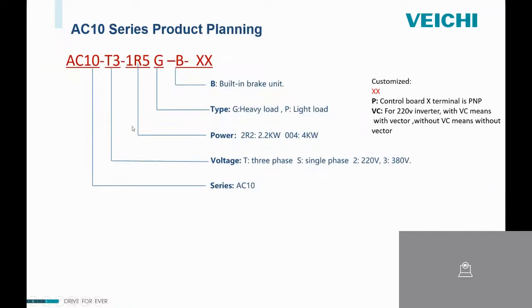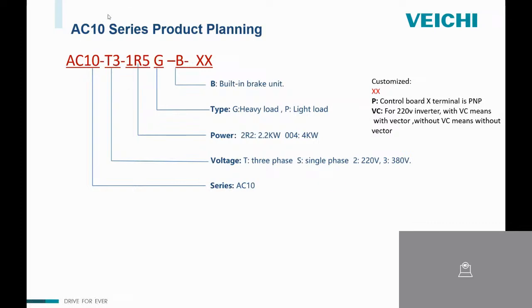So first, let me introduce our AC10 product naming rule. From the left side, it is our product series code, and T here represents voltage type. We have three phase and single phase, and here three represents voltage level 220 volt or 380 volt.